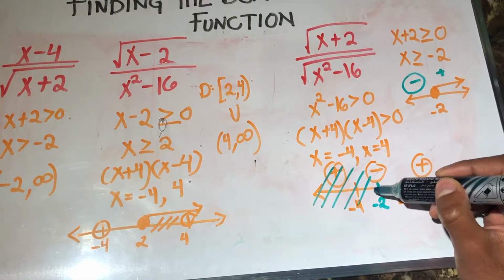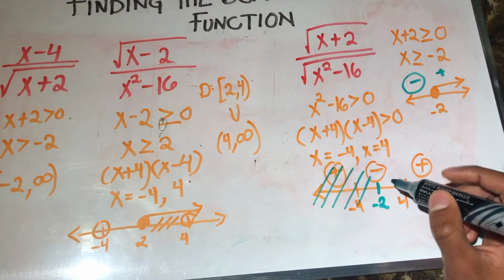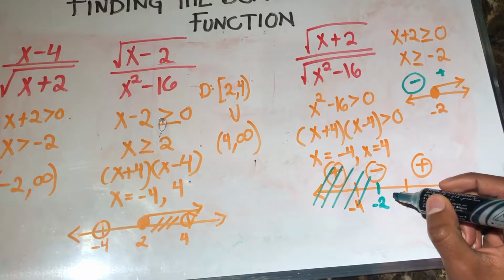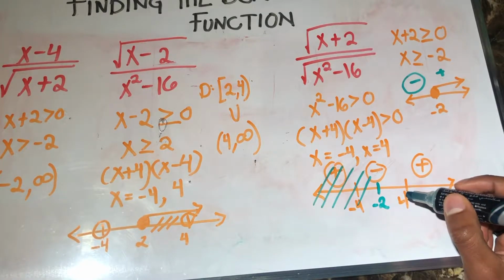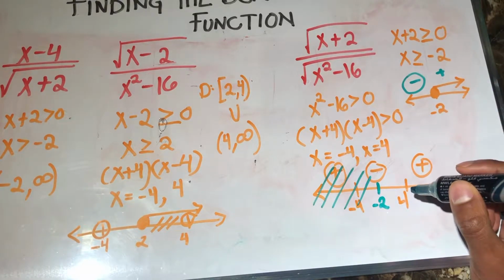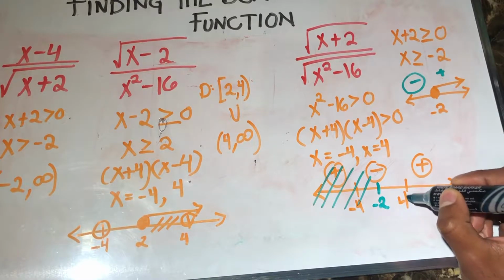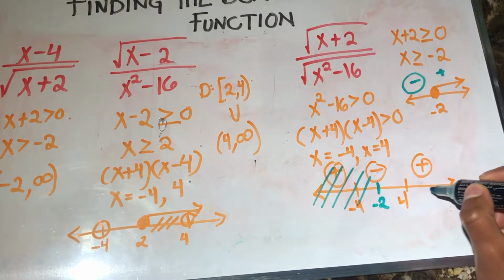That means negative 4 is unneeded. Now the region between negative 2 and 4, we don't really have anything since it doesn't work for the first number line. So the answer must be 4 to infinity.